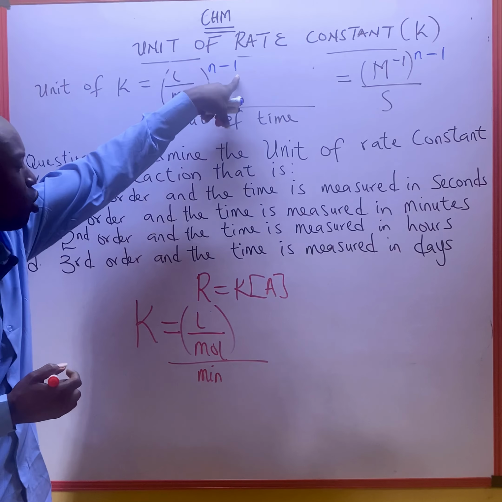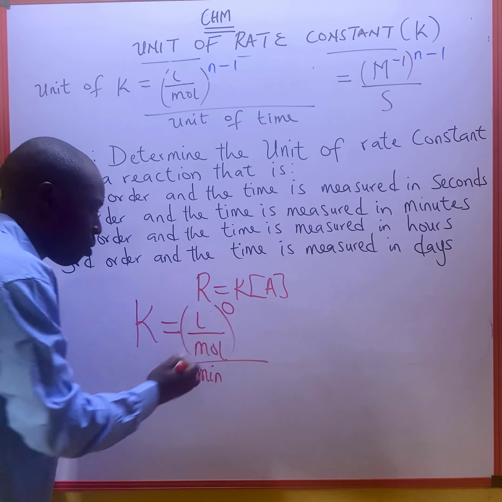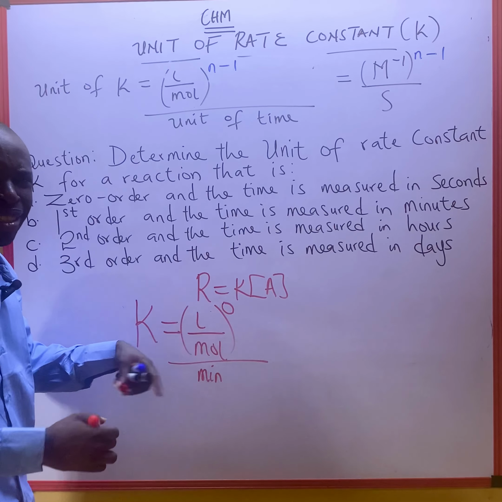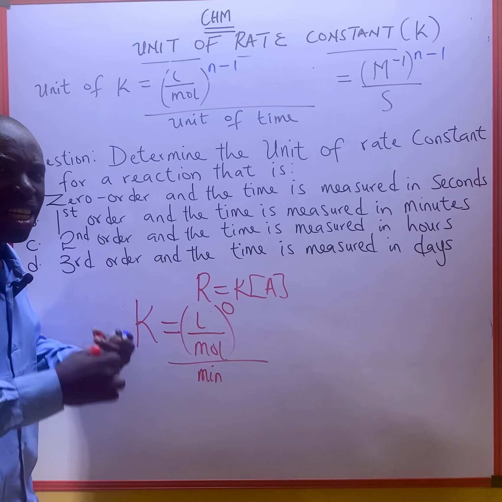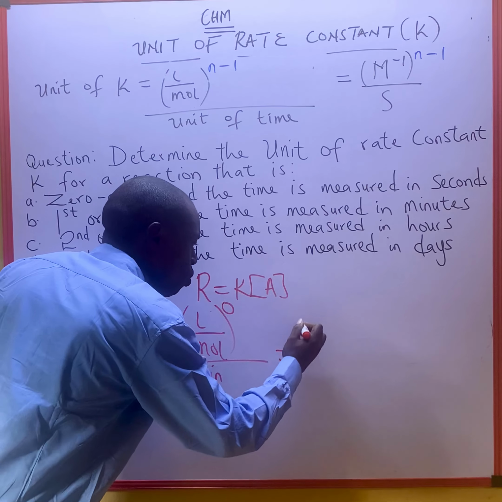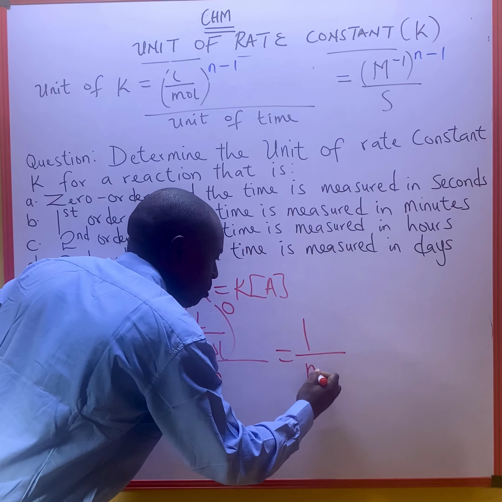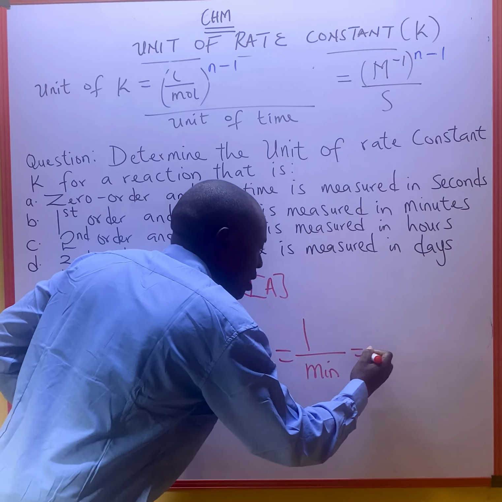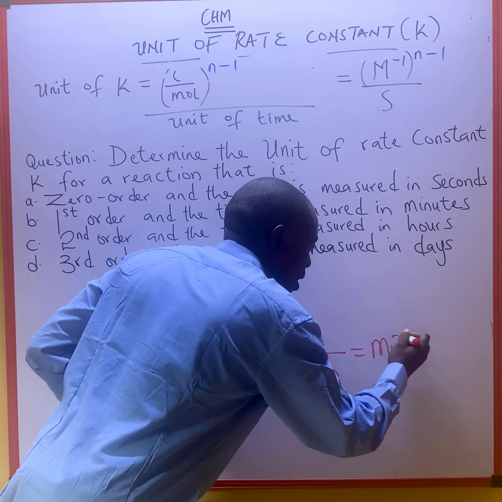So it will be 1 minus 1, which is 0. Anything raised to power 0 is 1. So it will become 1 over minute, which is the same as saying per minute.